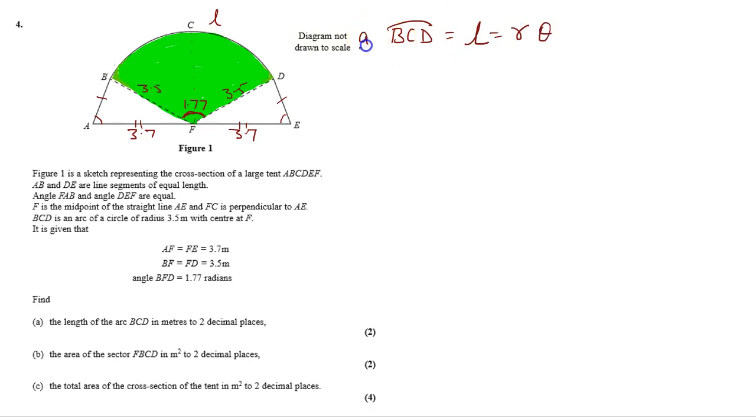This is part A. Because it's in radian, r is 3.5 and theta is 1.77. So length BCD will be equal to, to 2 decimal places, 6.195.